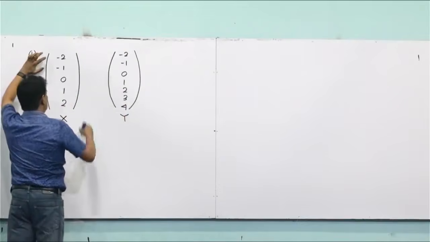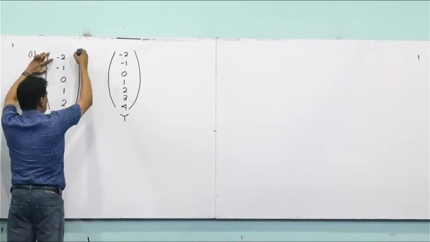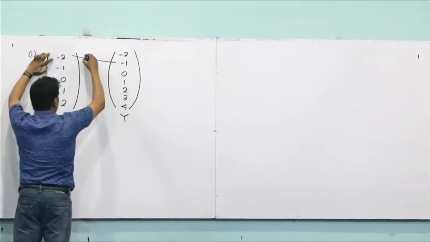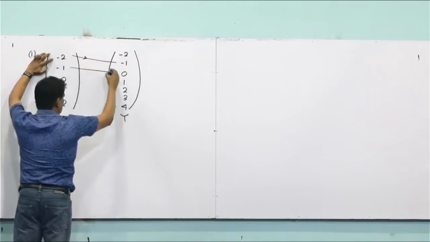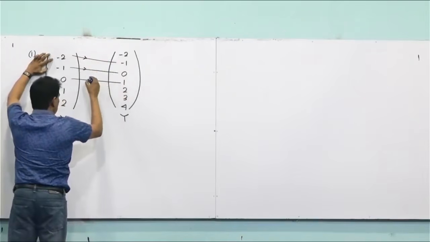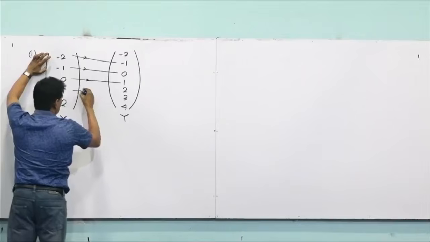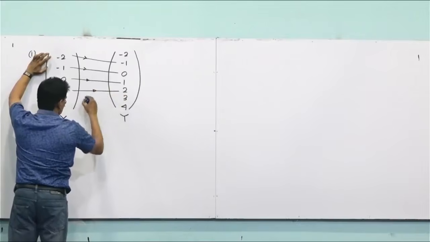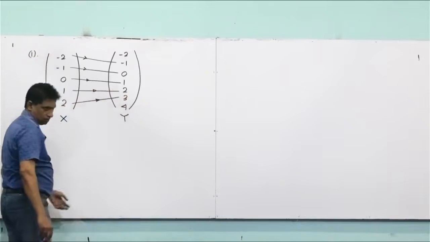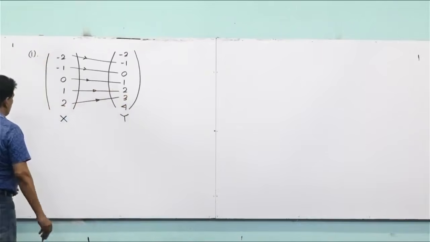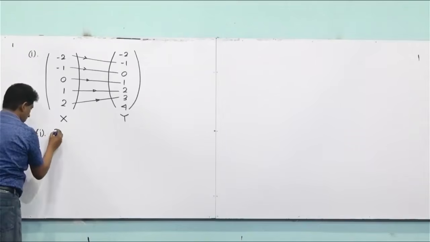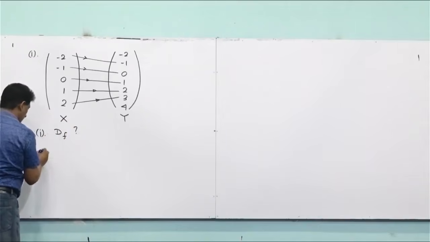Now, here -2 related to -1, -1 related to 0, 0 related to 1, 1 related to 2, 2 related to 3. This is the function. Now these are the questions. First one, DF.